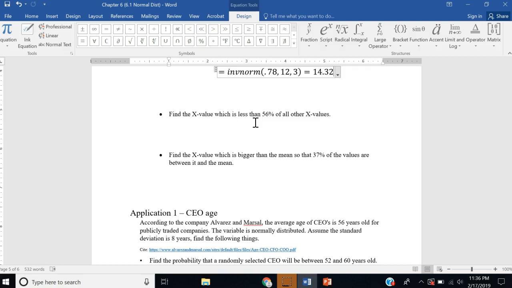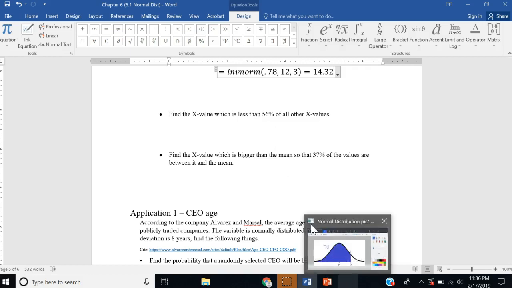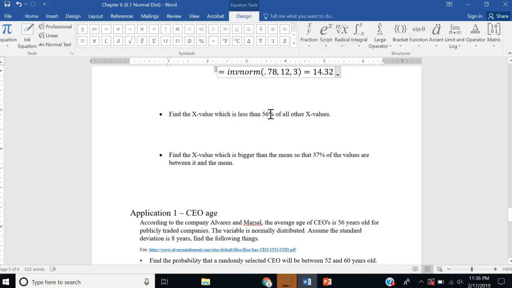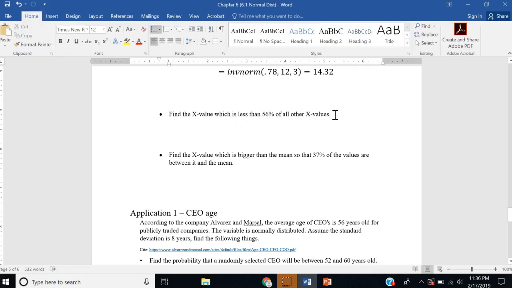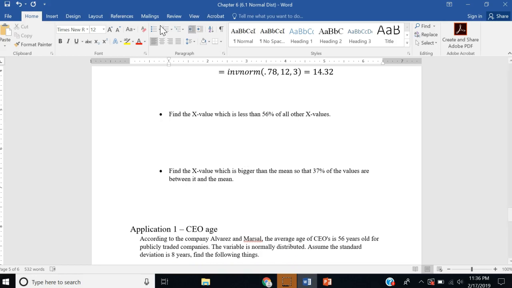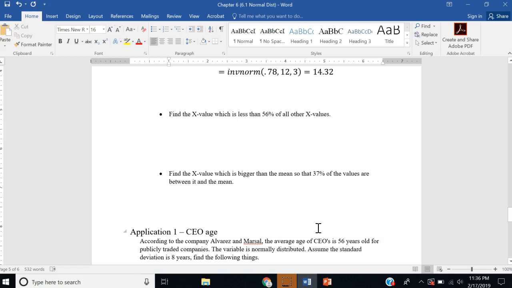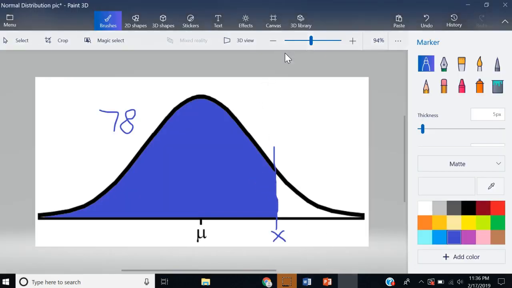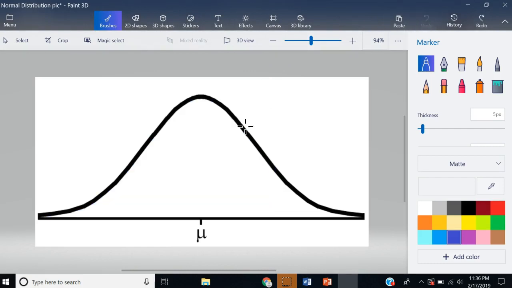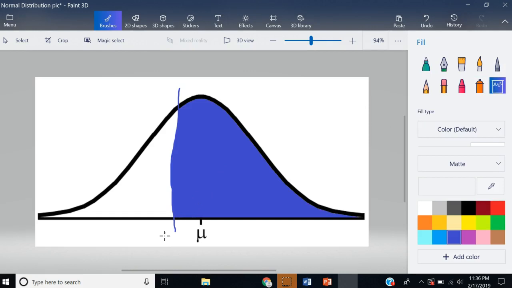Okay, so hopefully we did that. We want to find an x value which is less than 56% of all other x values. So less than 56% of all other x values. If I were to draw this on a curve, what I would draw would look something akin to this.